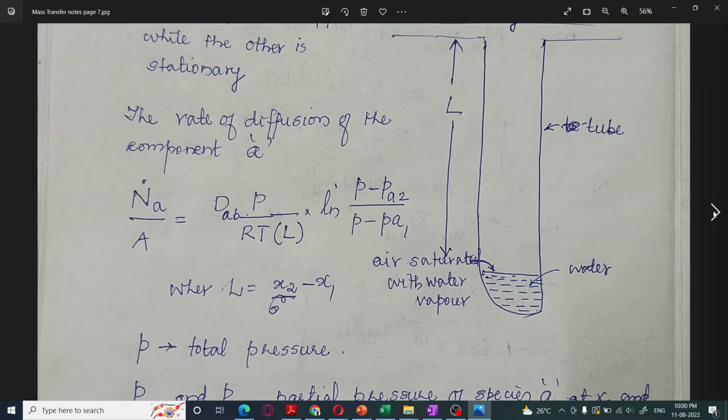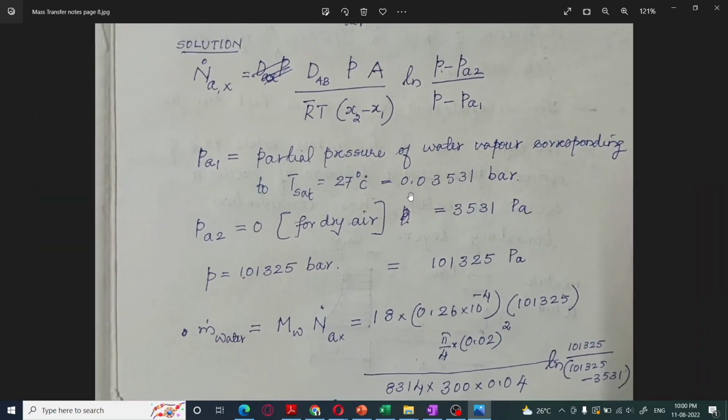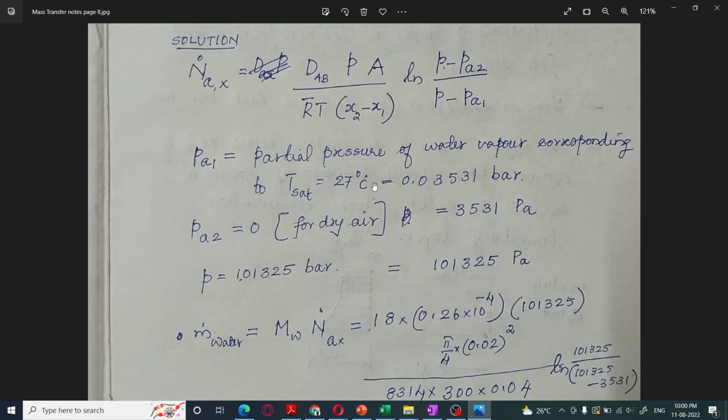So PA1 is equal to saturation pressure corresponding to 27 degrees Celsius, which can be obtained from the steam table. Your HMT data book will also have this property, so you can refer to the data book and get the saturation pressure of water vapor corresponding to 27 degrees Celsius. That will be PA1.